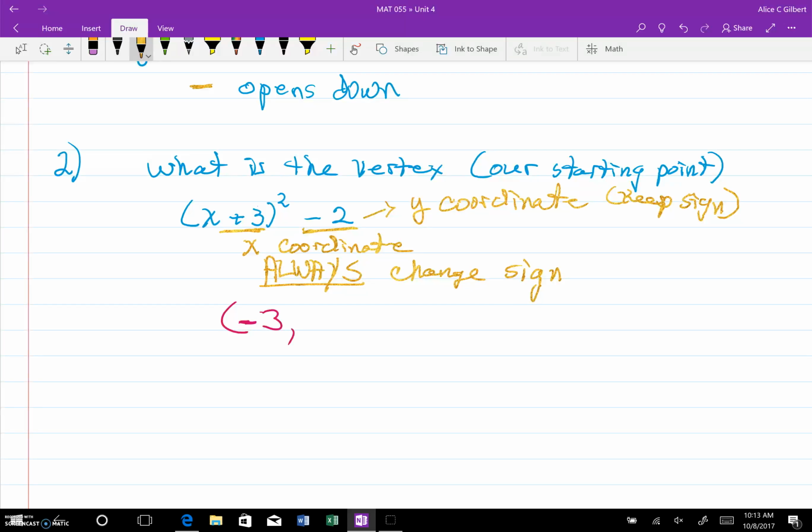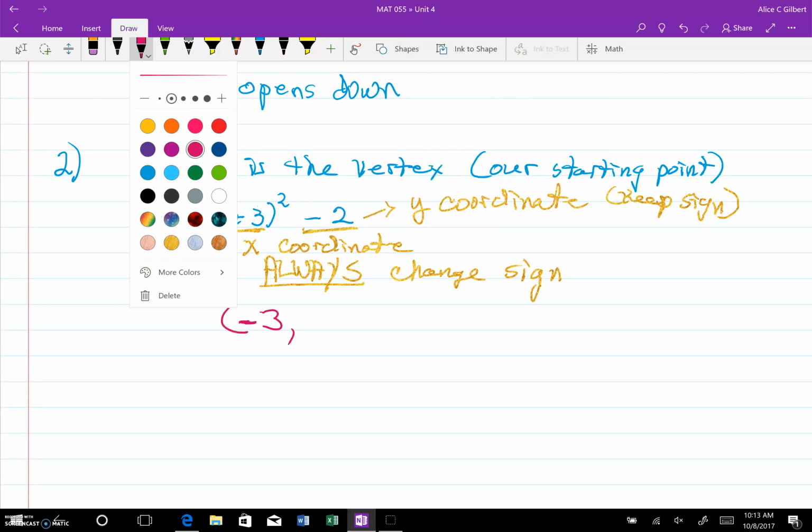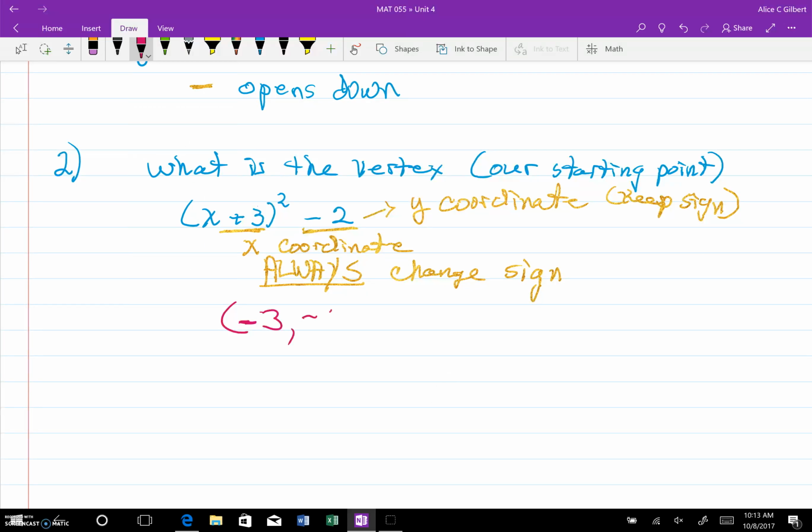So in this case, our y coordinate is -2, okay? Now on a graph, I would go to the left 3 and down 2, and that's where I would start. That would be my vertex, and in this case it would be opening up, so I know it's going to go something like this.